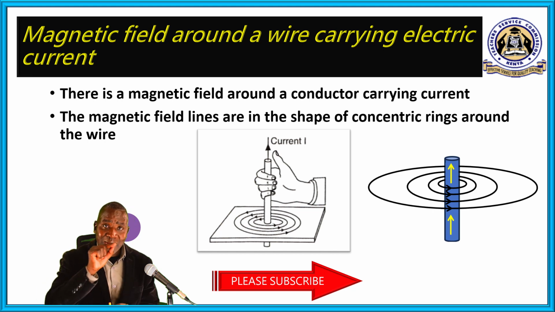We use a circle and an X. If it's carrying current out of paper, we use a small circle and a dot at the center. And then, of course, use the right hand grip rule to determine the direction of the magnetic field lines around the conductors. So go through the video once again.